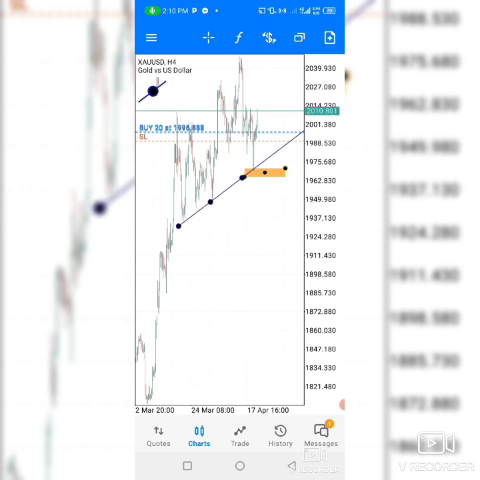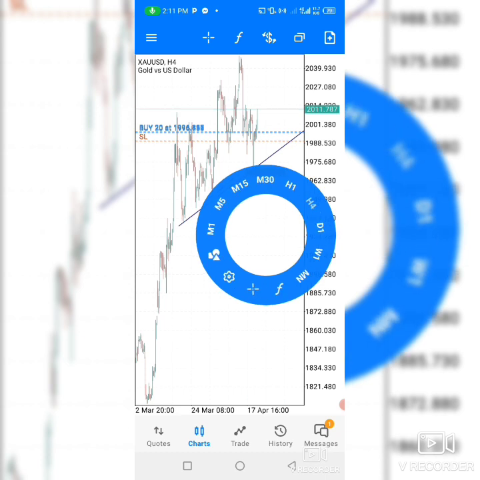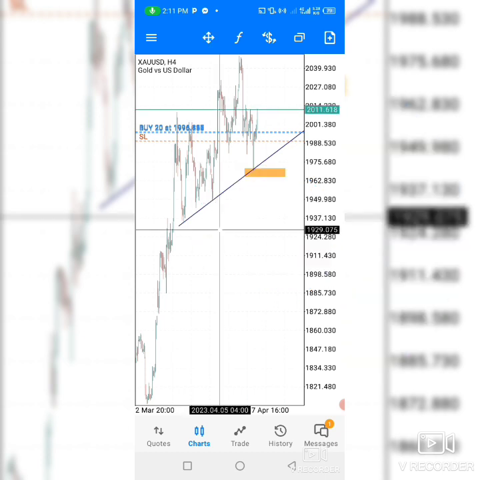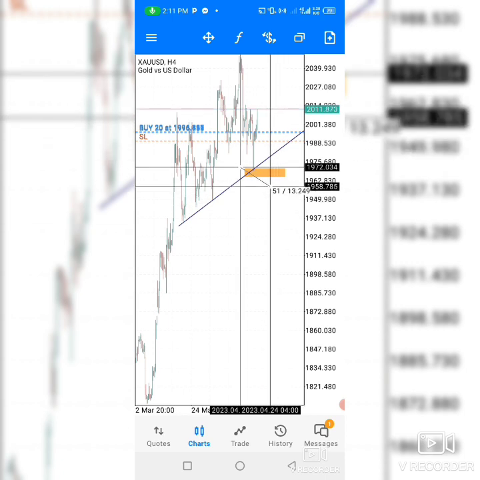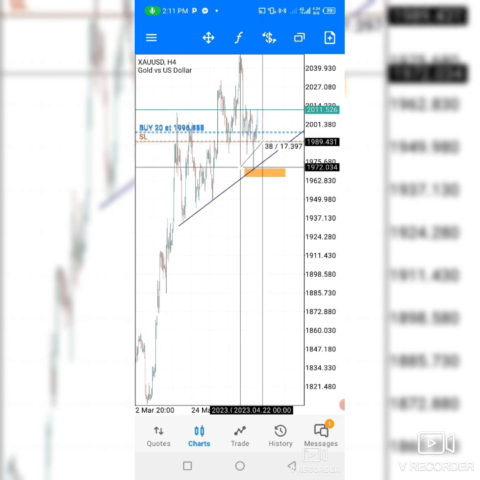Okay, price always respects the current situation in the market, not necessarily the past. So you see, when price came here, I'll be afraid to risk big because I'm not sure. So what I will do is I will place my stop loss here, and then I'll place my TP here.